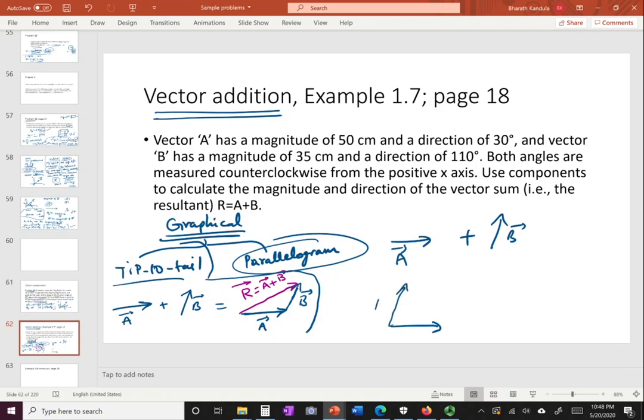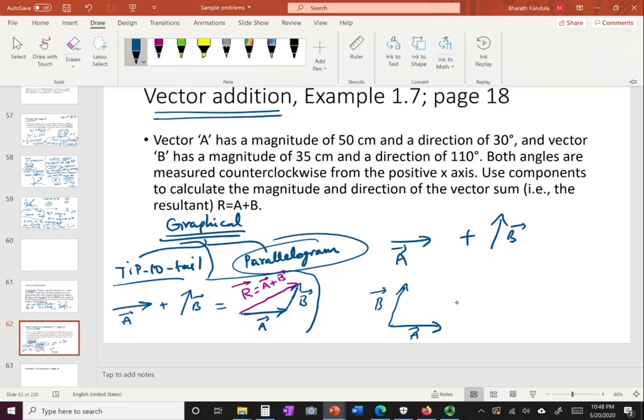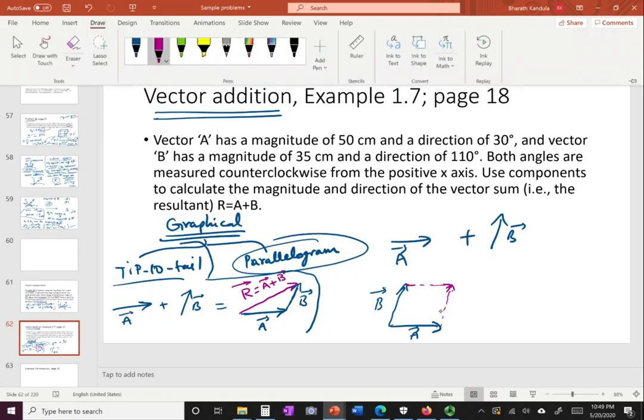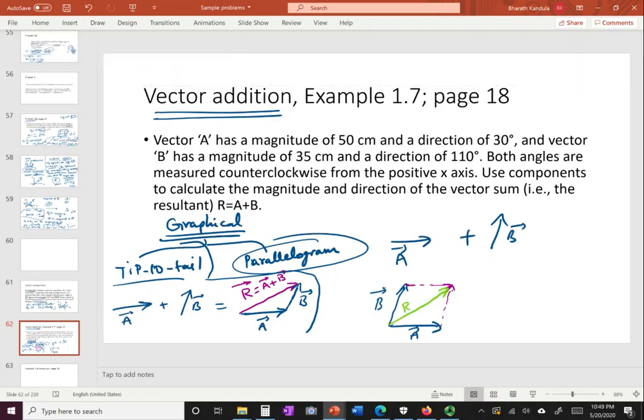So this is vector B, this is vector A. Now sketch parallel vectors to these two vectors. This is a parallel vector to B, this is a parallel vector to A. Now the resultant will be the diagonal. So this is the resultant, which is the A plus B vector.